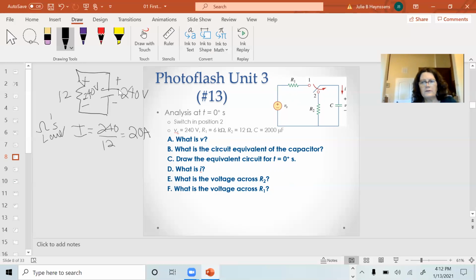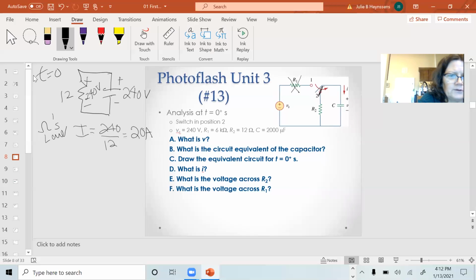So the current at 0 minus was 0. And in that instantaneous infinitesimal bit of time when I threw the switch, it jumped to 20 amps. I got a huge current spike out of it. And when I put this in position 2, now R1 is dangling, so no current can flow through that one. So this is what I call my t equals 0 plus circuit.